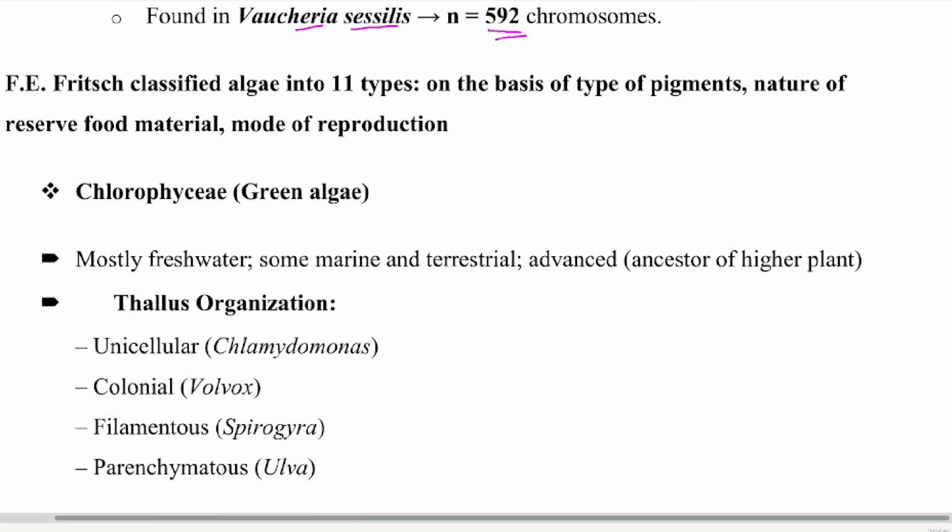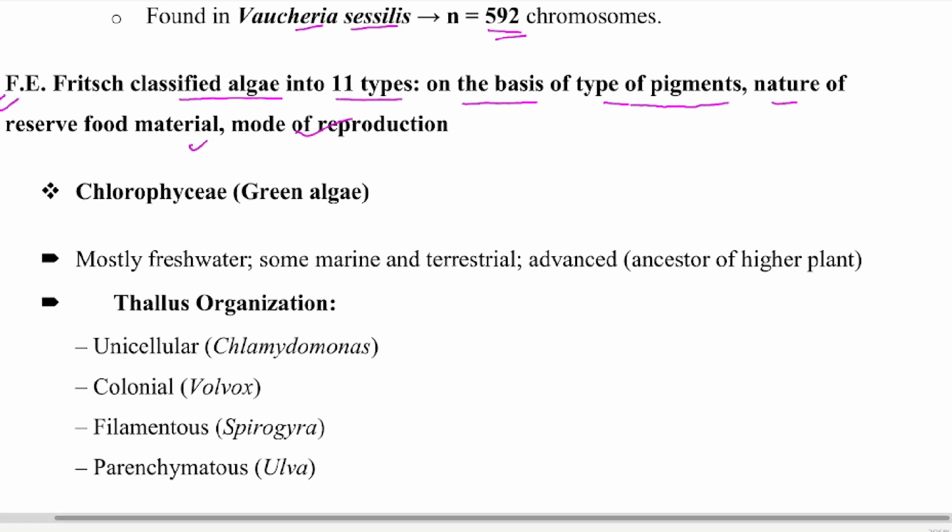As we know, the father of algology or phycology is F.E. Fritsch, who made a great contribution by classifying the algae into 11 types. It is on the basis of types of pigments, nature of reserve food material, and mode of reproduction.